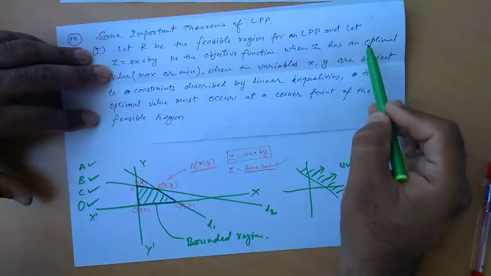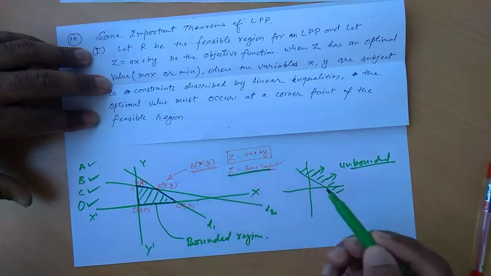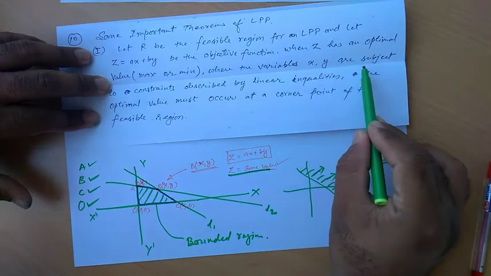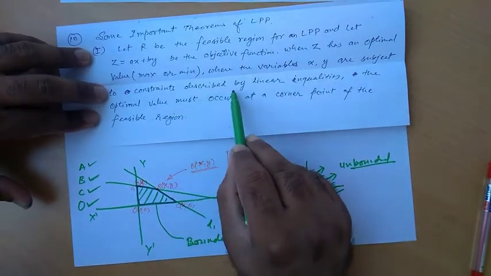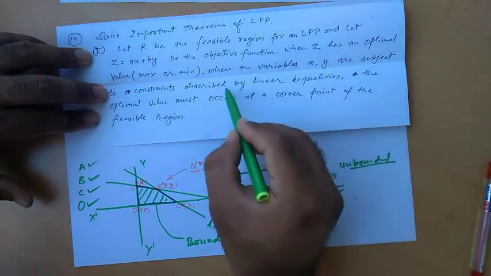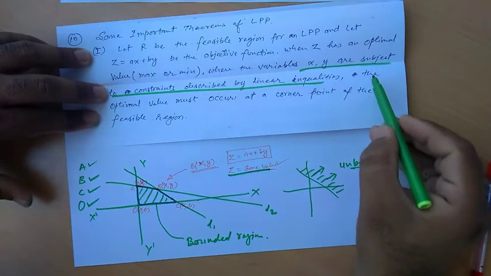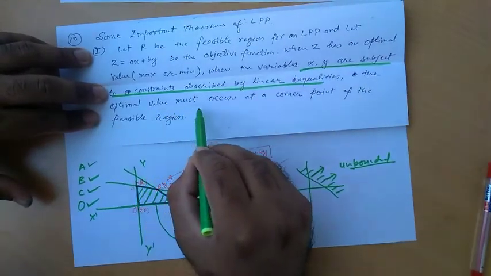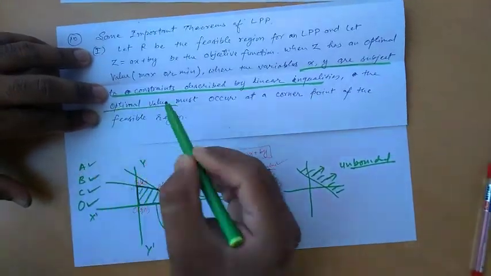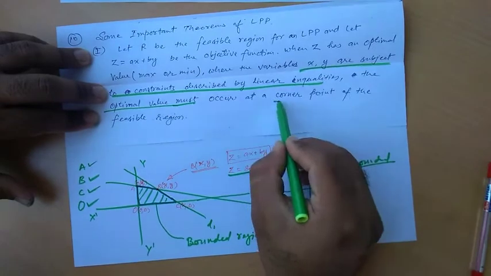When Z has an optimal value, maximum or minimum, where the variables x, y are subject to constraints described by linear inequalities, definitely it is given in the question, the optimal value must occur at a corner point of the feasible region. So you will get the optimal value at the corner point.